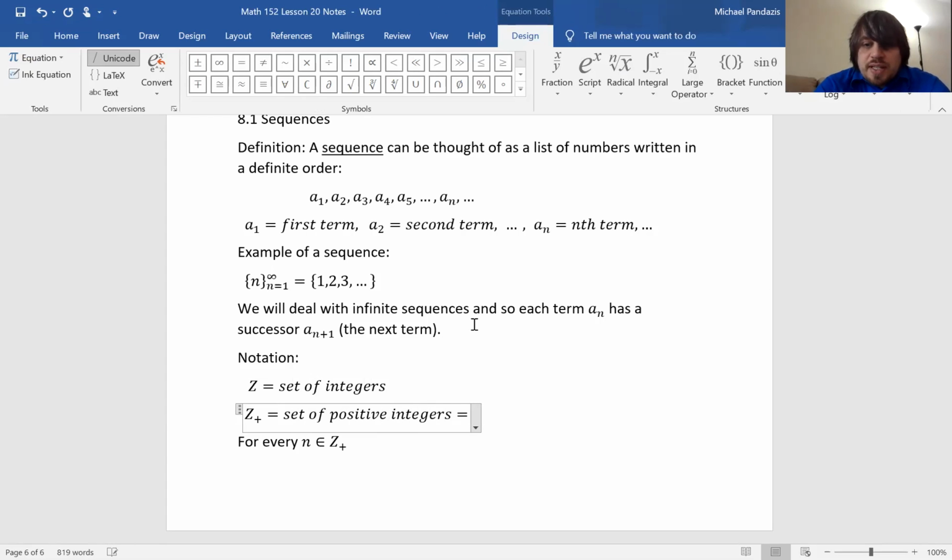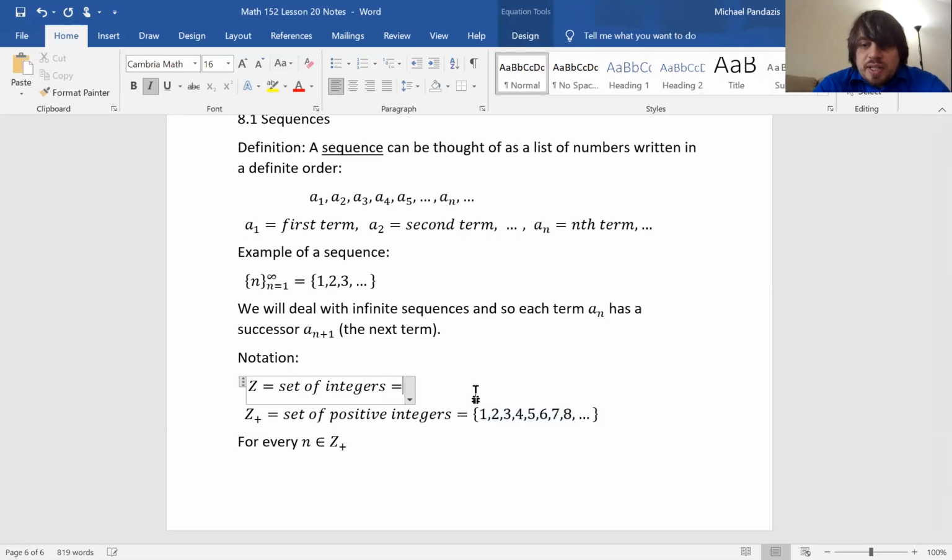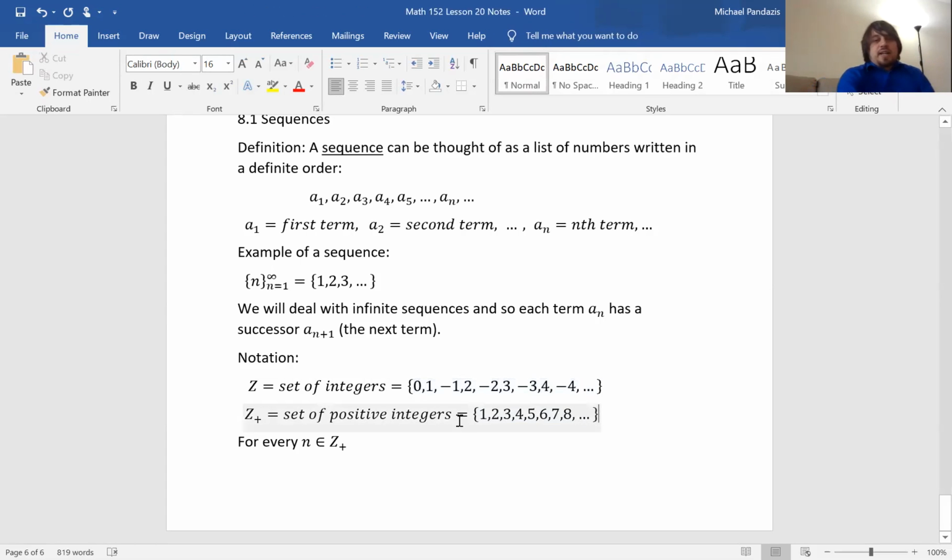That set is 1, 2, 3, 4, 5, 6, 7, 8, and so forth. The set of integers is 0, 1, -1, 2, -2, 3, -3, 4, -4, and so forth. I wrote it that way, alternating, so that I can cover all integers. That's the set of integers, and that's the set of positive integers.